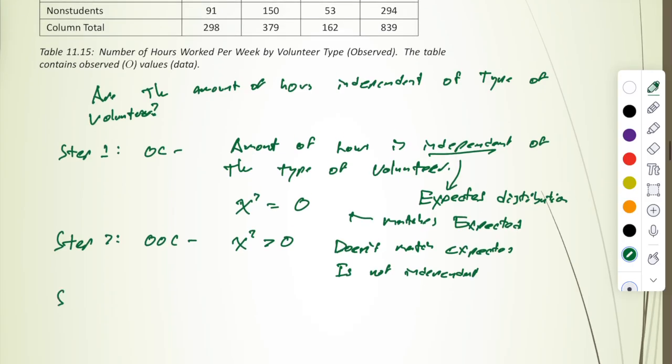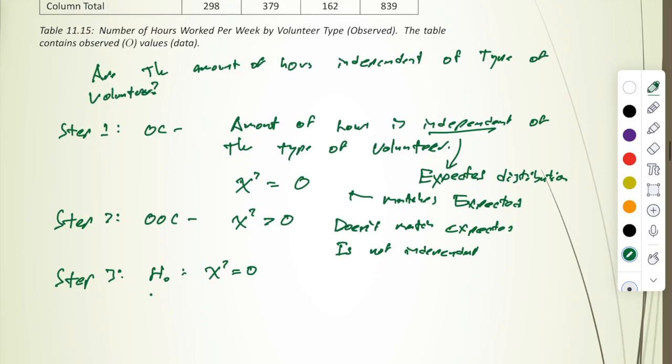All right. Step 3, null hypothesis. Chi-squared equals 0, of course. Whenever it's equality, that's the null hypothesis. The alternative is the leftovers. This one right here is my original claim, so my step 8 is going to say reject.